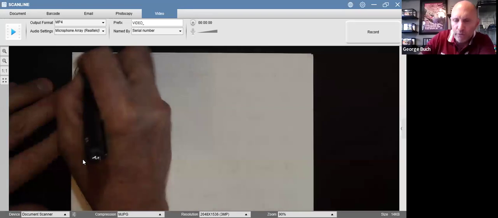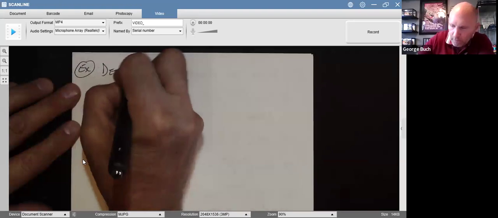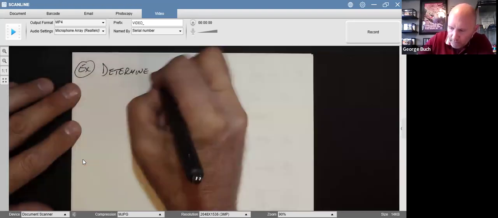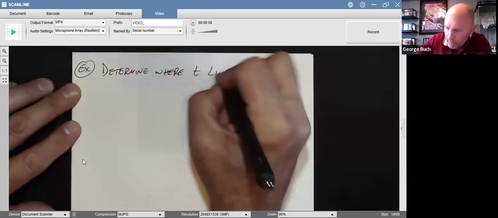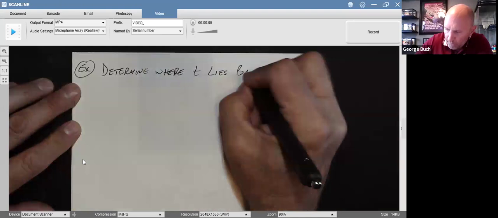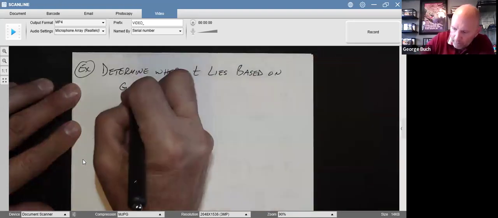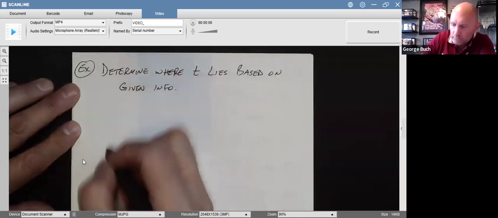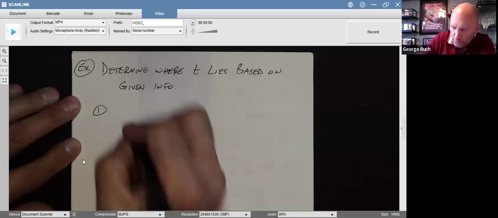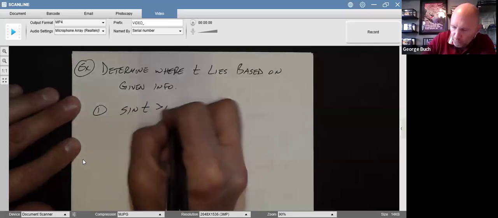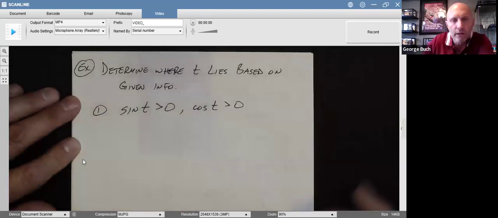Now let's kind of go the other way. So determine where t lies based on the given information. So the first one, if I'm told sine of t is greater than 0 and cosine of t is also greater than 0.